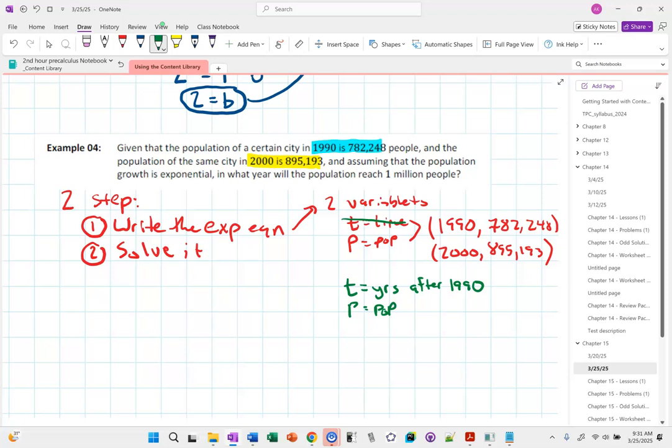But if T is now the years after 1990, the x-coordinate of 1990 now is just 0, right? Oh, Mr. Kulik, this is a clever idea. 2000 then would become, how many years after 1990 is 2000? 10.